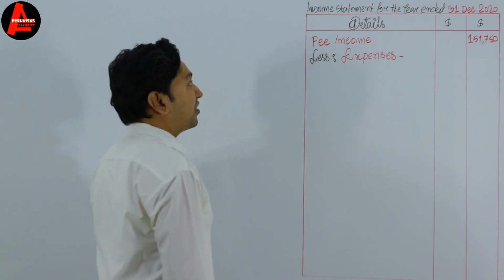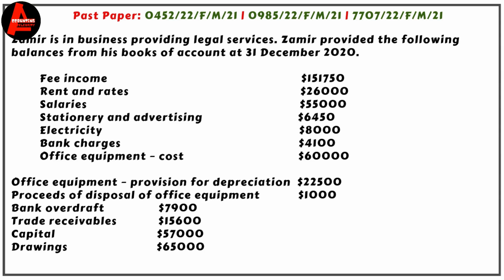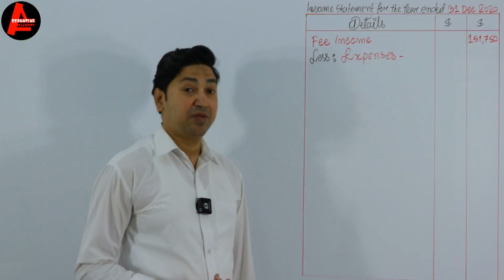What are the expenses in the question? First one is rent and rates, $26,000. We have salaries, stationery and advertising, electricity, bank charges. These are all expenses, so we will write them one by one.